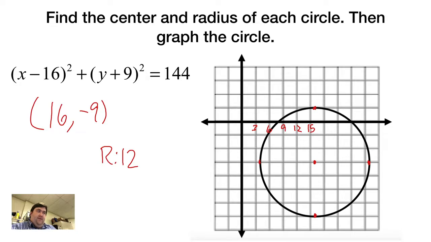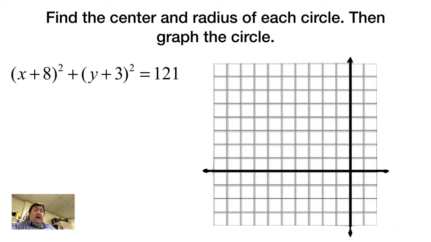All right, perfect. Here's our last one, and it says (x plus 8) squared plus (y plus 3) squared is 121. So in this case our center is going to be at negative 8, negative 3.